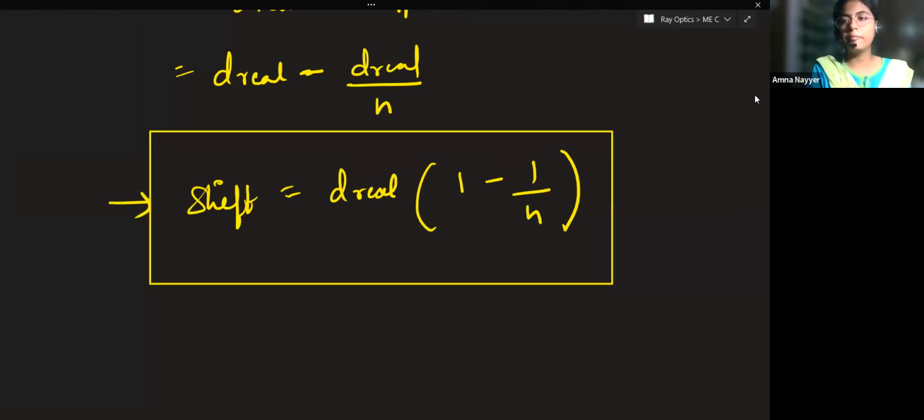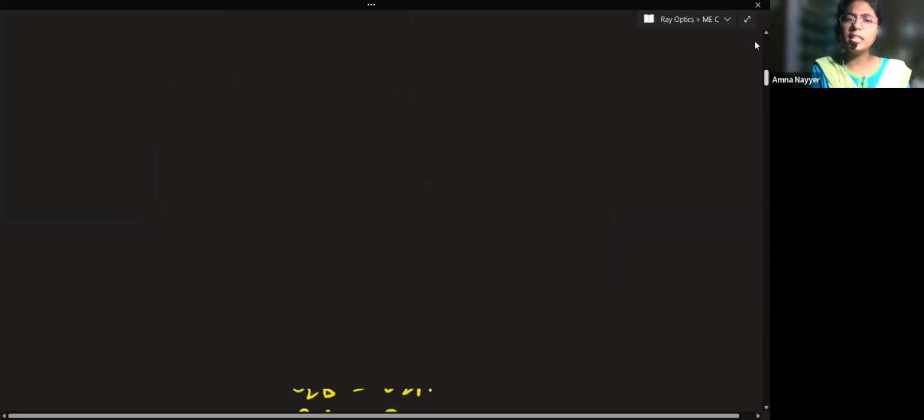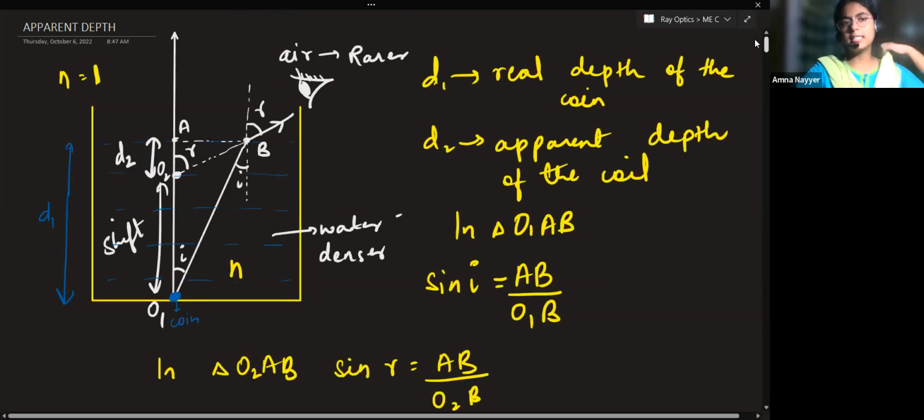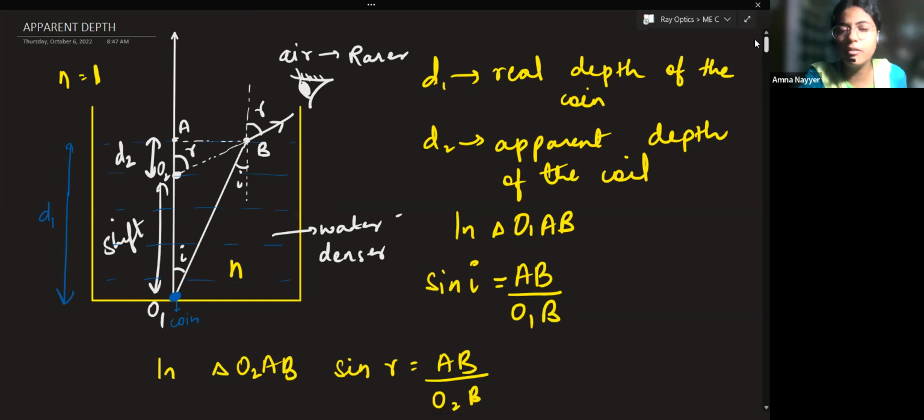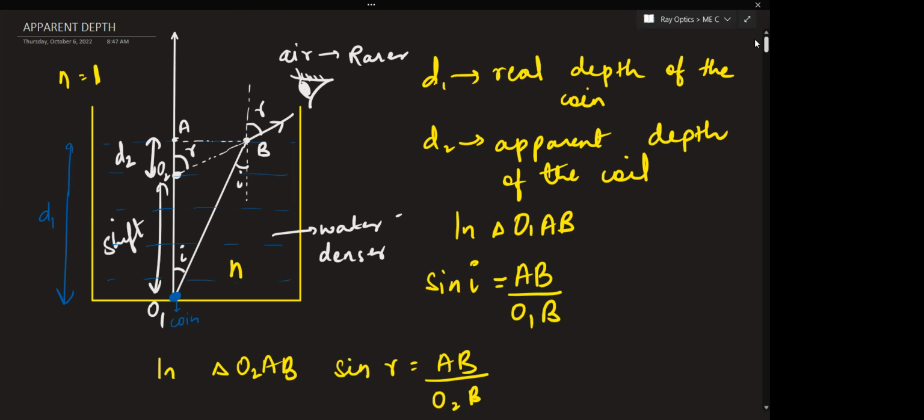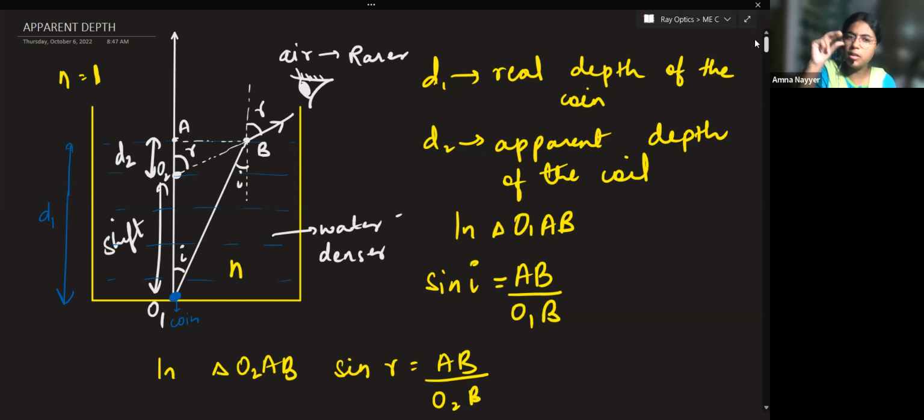Now, one more thing. When you observe the example that I've started with, what are we able to observe? That apparent depth is greater or the real depth is greater? Real depth is greater, because the object is appearing closer to our eyes, so apparent depth is less.